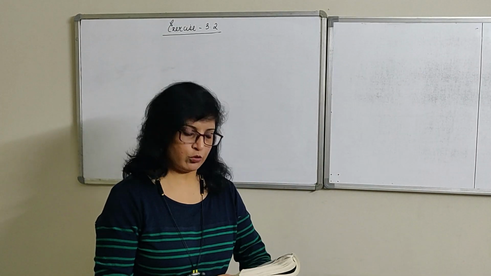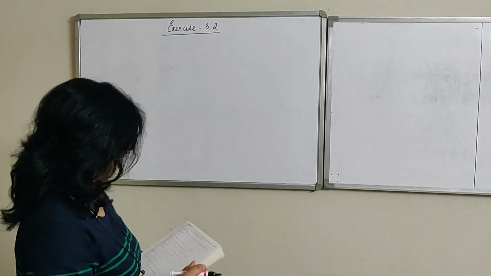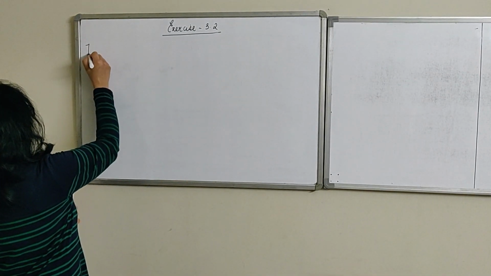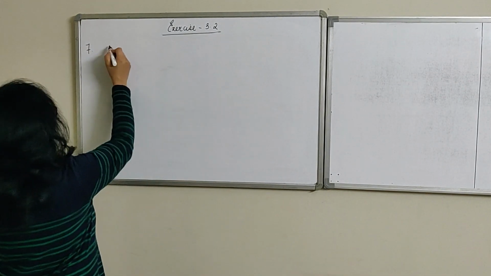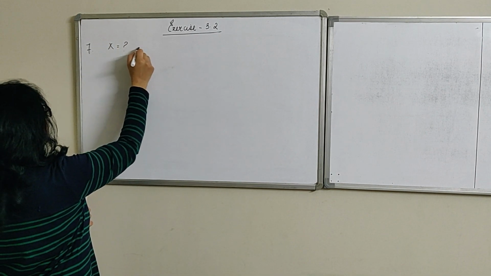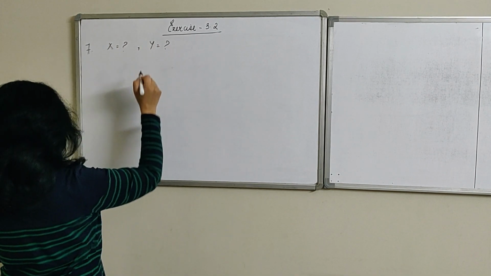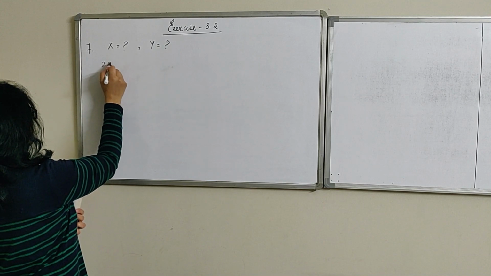The next question we are doing is question number 7, second part. Find out values of x and y. So find values of x and y when this condition is given.